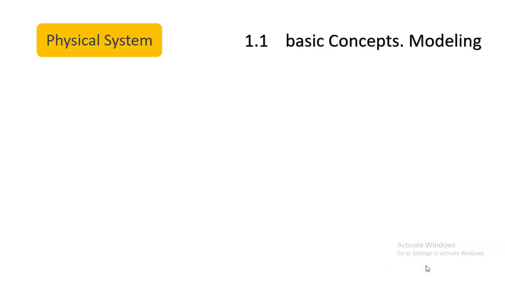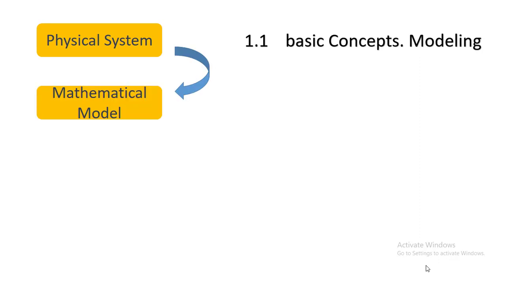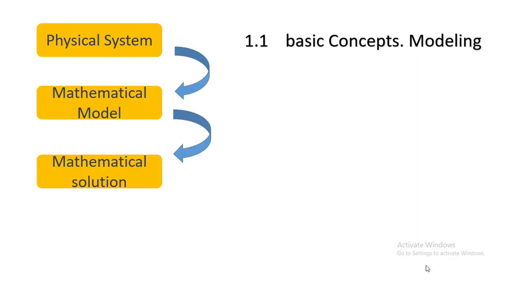Basic concept: modeling. Objective 1.1. If you want to solve an engineering problem, usually of a physical nature, we first have to formulate the problem as a mathematical expression in terms of variables, functions, and equations. Such an expression is known as a mathematical model of the given problem.